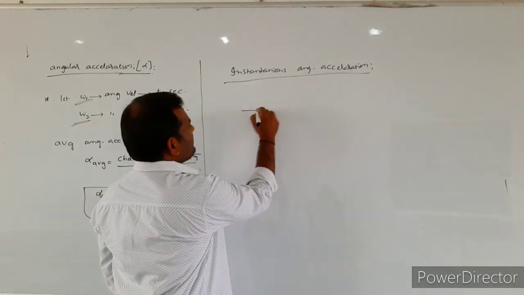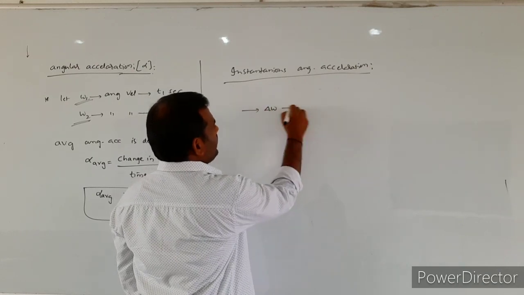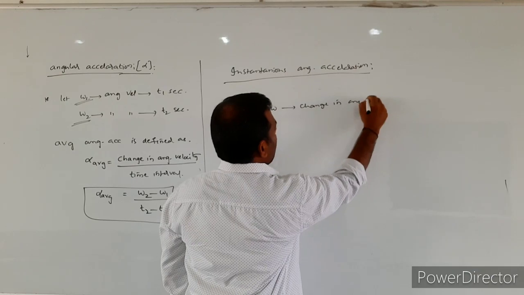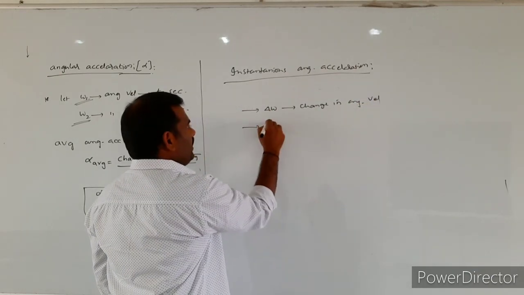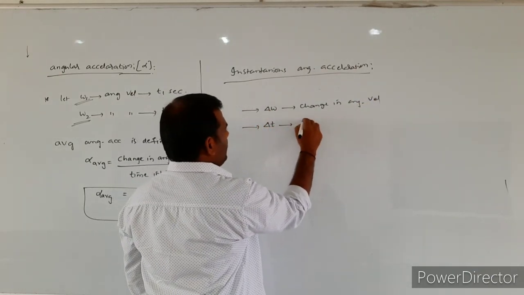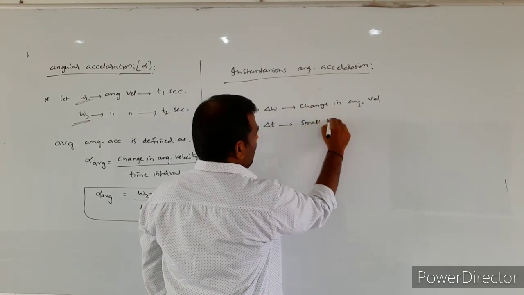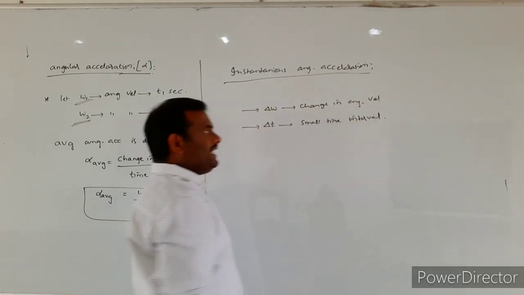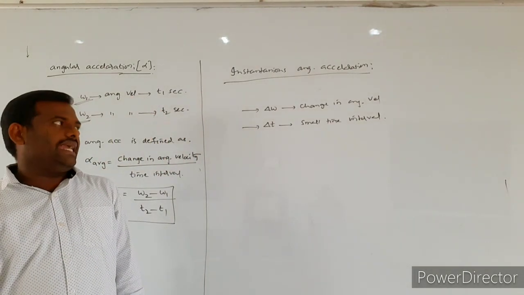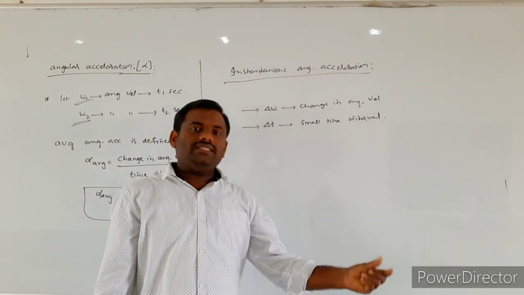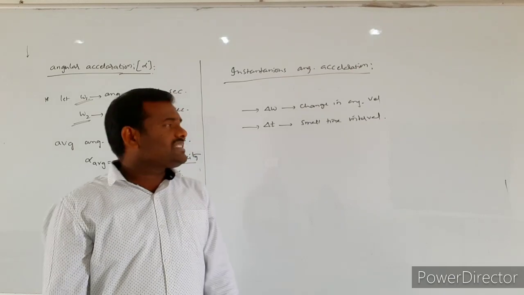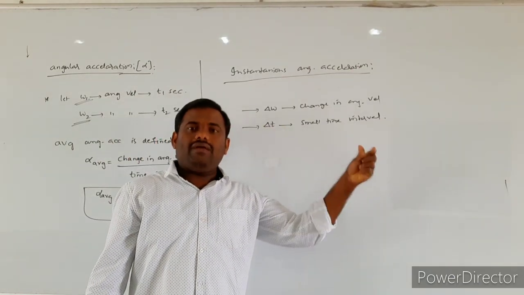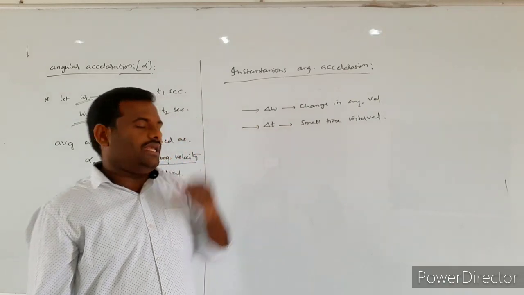So let delta omega be the change in angular velocity, and delta t indicate that small time interval. What we assumed here, delta omega indicates a small change in angular velocity in a small interval of time, that is nothing but delta t.